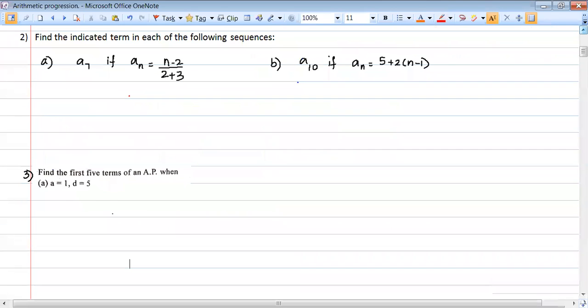Now it is your turn to find out what is A7. Yes, very good. Prisa sent the right answer and Niranjana sent the right answer. Very good, dear students. So this an is equal to 1. What about this an? 23, correct?